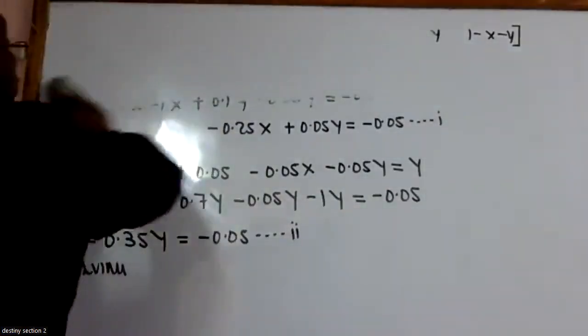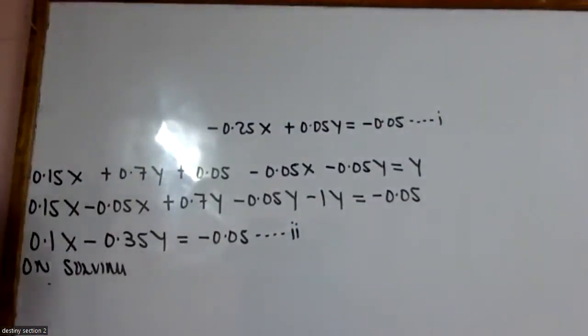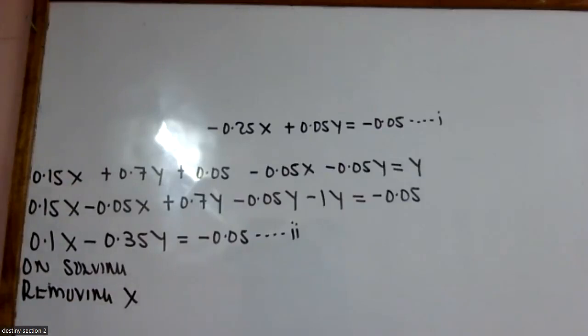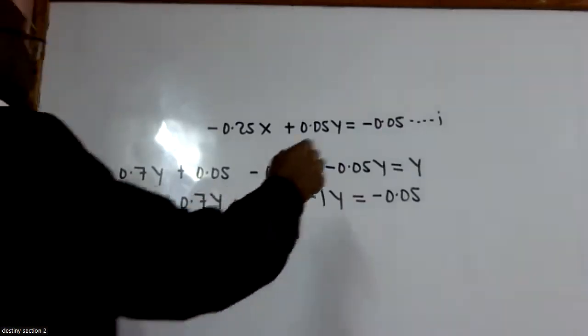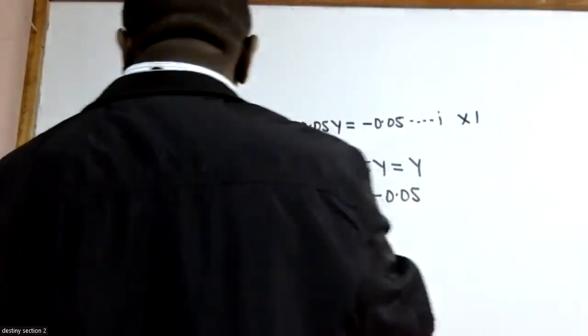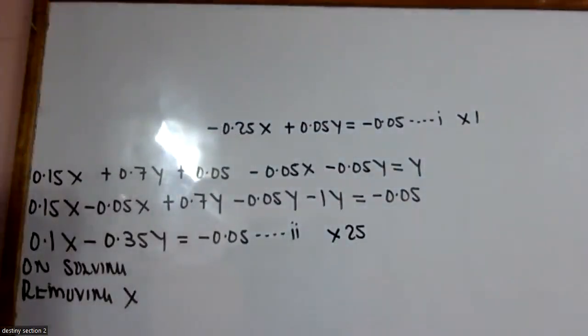If we want to resolve together, we remove x. Removing x, I will multiply here by 1, and here I multiply by 0.25.